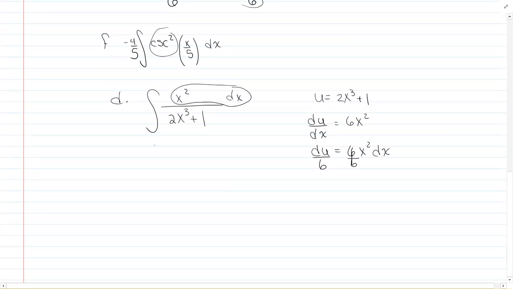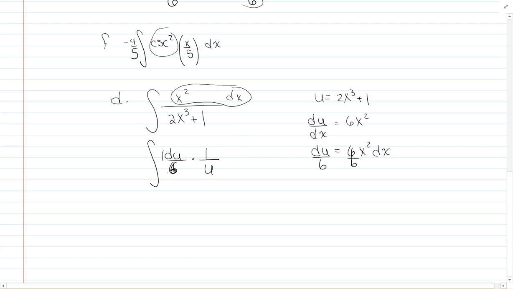So when I do my substitution, this is the integral of du over 6, which is the x squared dx, times 1 over u on the bottom, du. Whoops, I already got a du in there.